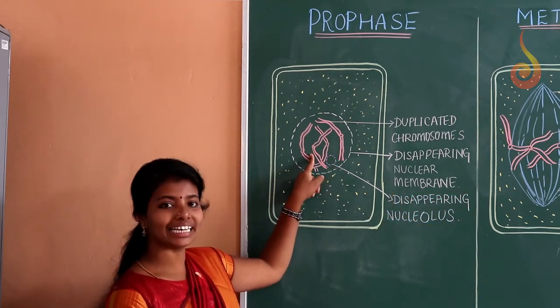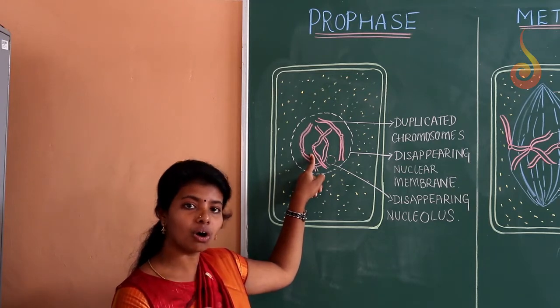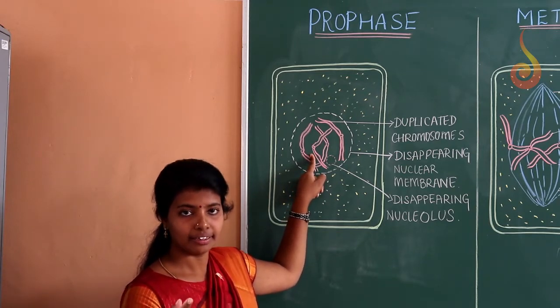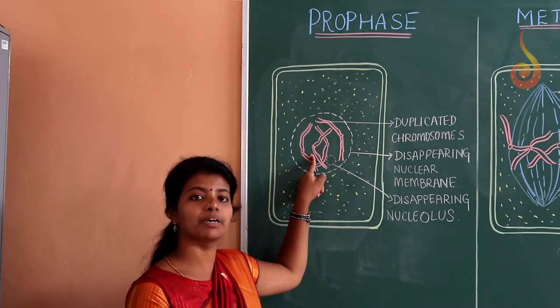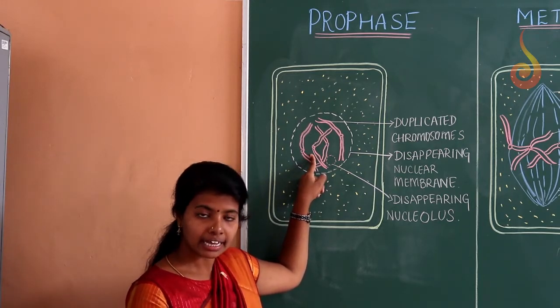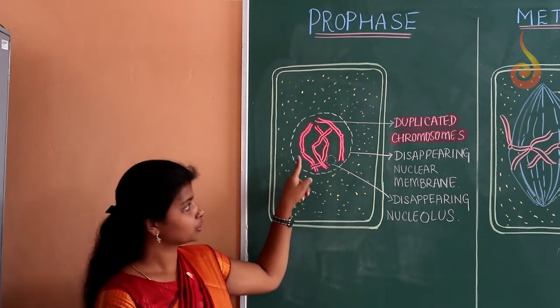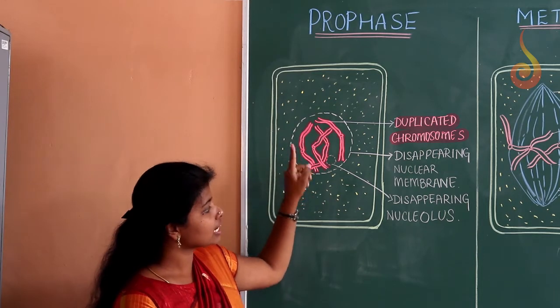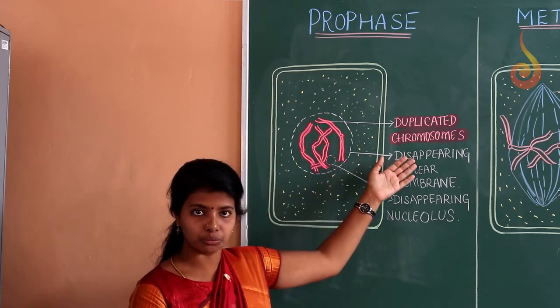Then the chromatin. Chromatin is a thin, long, coiled thread. But here the chromatin gets condensed, it becomes short and thick, and it is now visible as chromosomes. So we call this condensed chromosomes, and it is duplicated now.